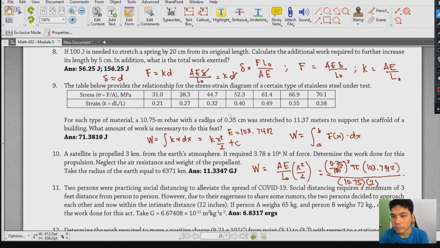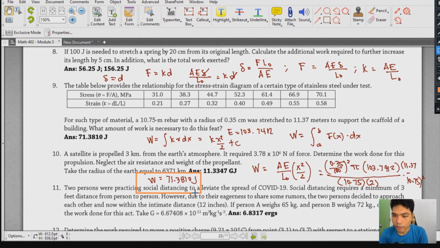What is the displacement? That's 11.37 minus 10.75, squared. So from this, the work would be equal to 71.3810 joules. That's how the equation is solved if you have a stress-strain diagram or stress-strain table.